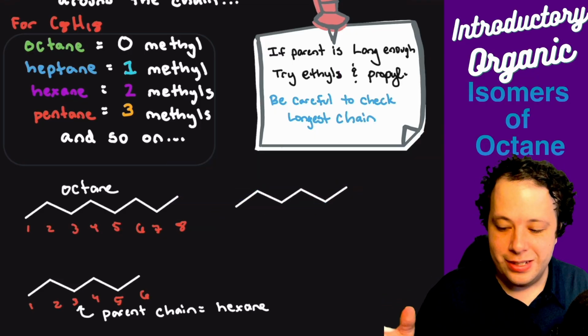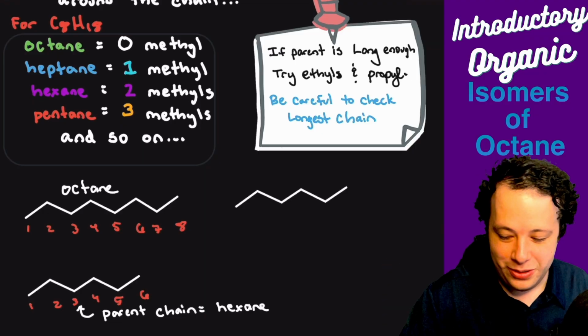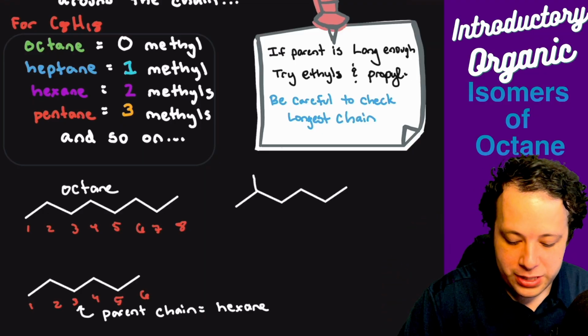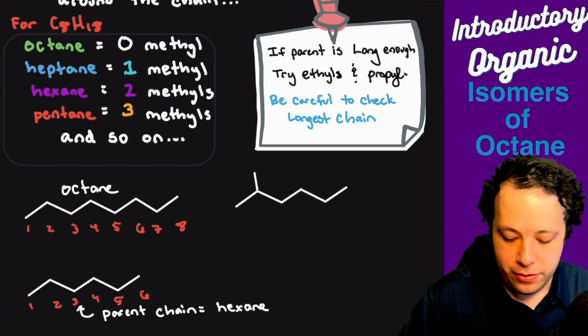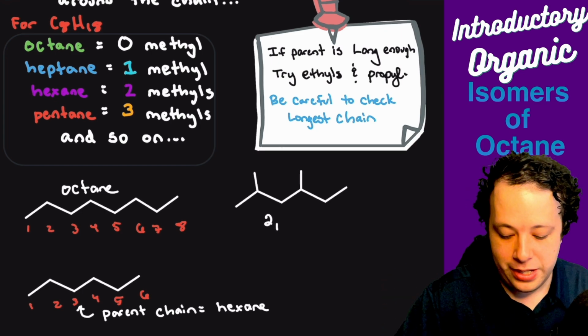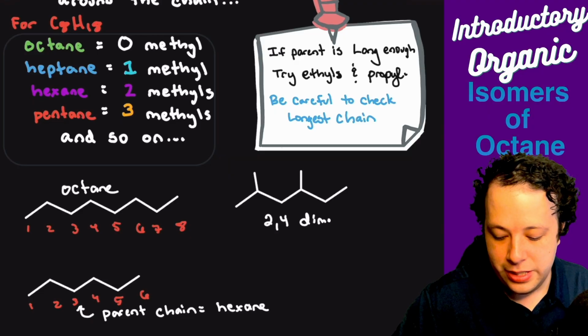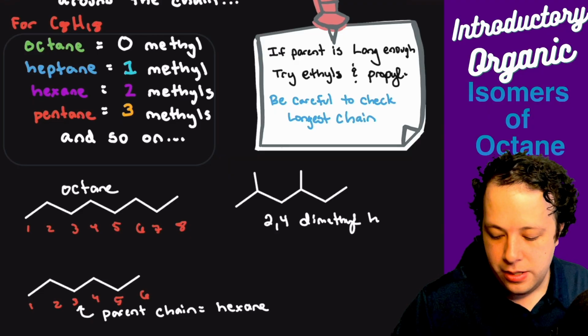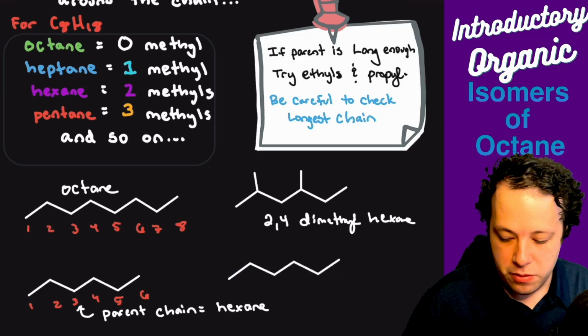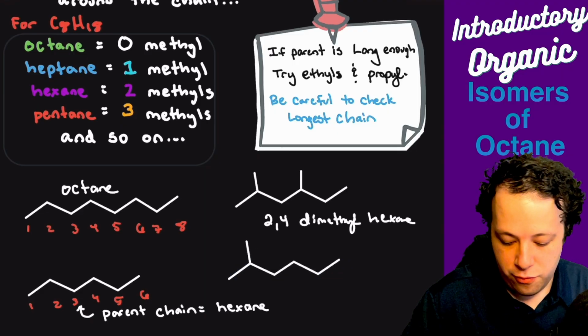Now the whole idea is, what are all the different possibilities for drawing these isomers? For example, I could put a methyl on 2 and 4, right? And that's a possibility we could have here. So we could have 2,4 dimethyl hexane. And we could keep going with that, right? We could put them on 2 and 3 as an option.